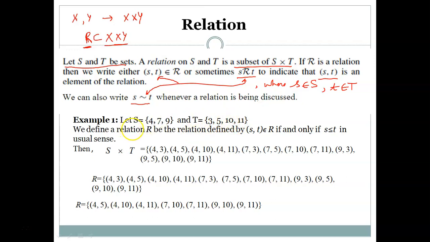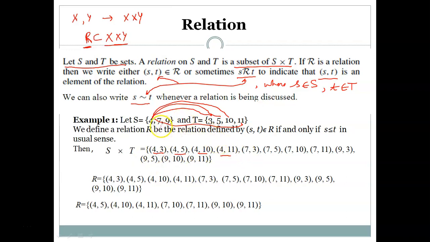In order to define a relation, first you should construct the Cartesian product of these two sets S and T. To construct S cross T, first we pair the element 4 with each element of T: 4 with 3, 4 with 5, 4 with 10, 4 with 11.